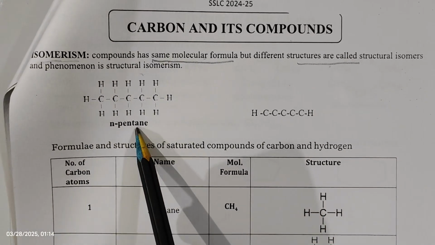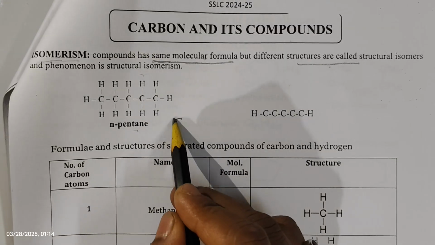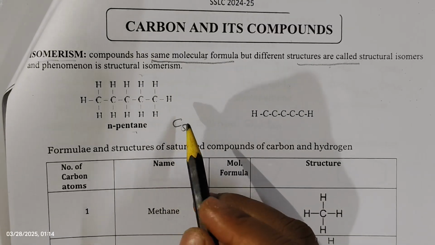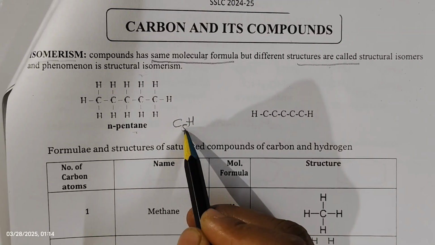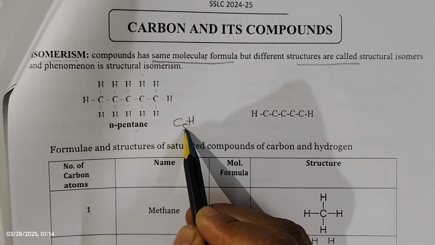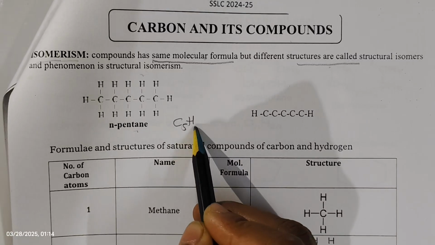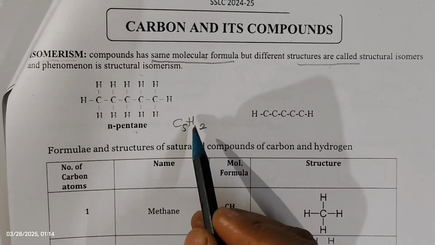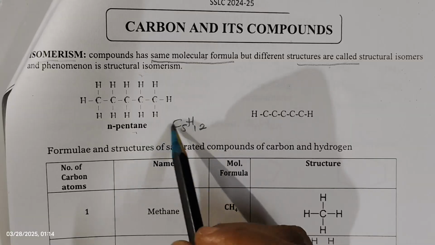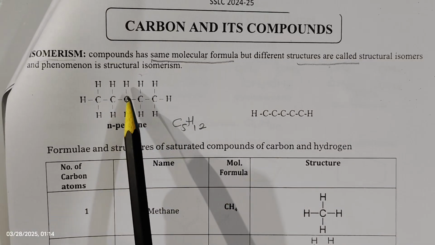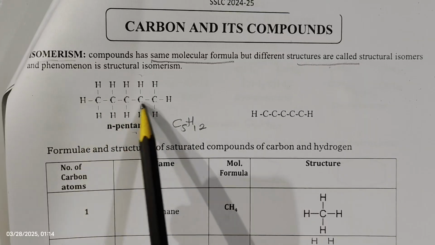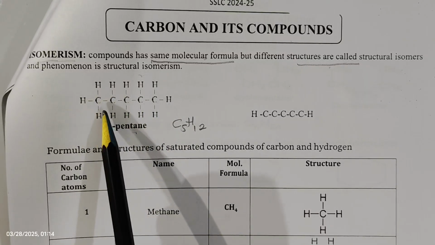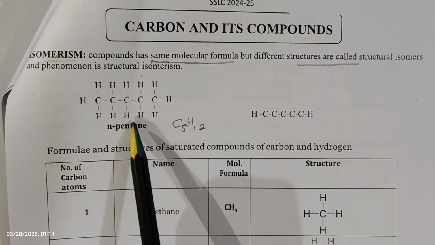Example is given, pentane. Pentane means C5, penta representing 5 carbon atoms. Hydrogen will be twice the carbon plus 2. 5 twos are 10 plus 2 is 12. So C5H12 is pentane. Normal pentane has 5 carbon atoms linked in a straight chain and connected with hydrogen on both ends.